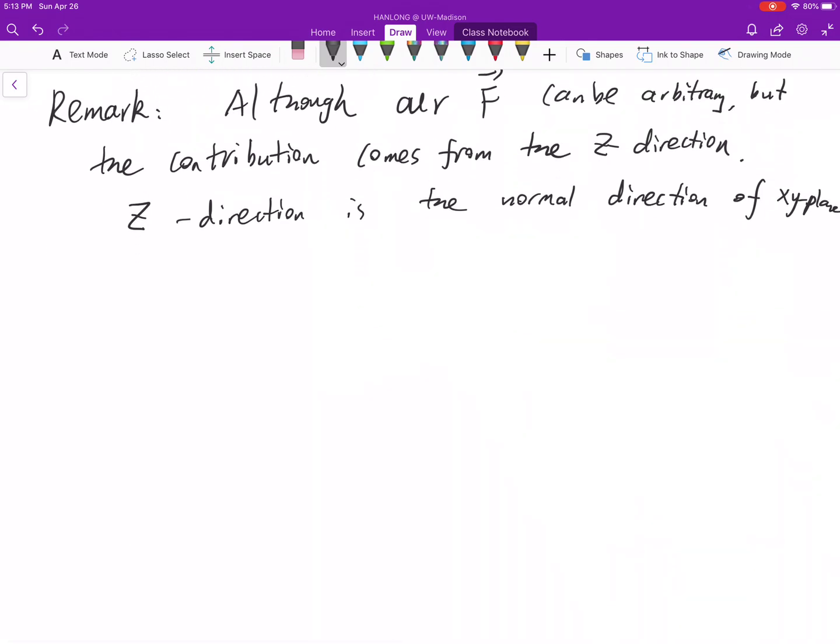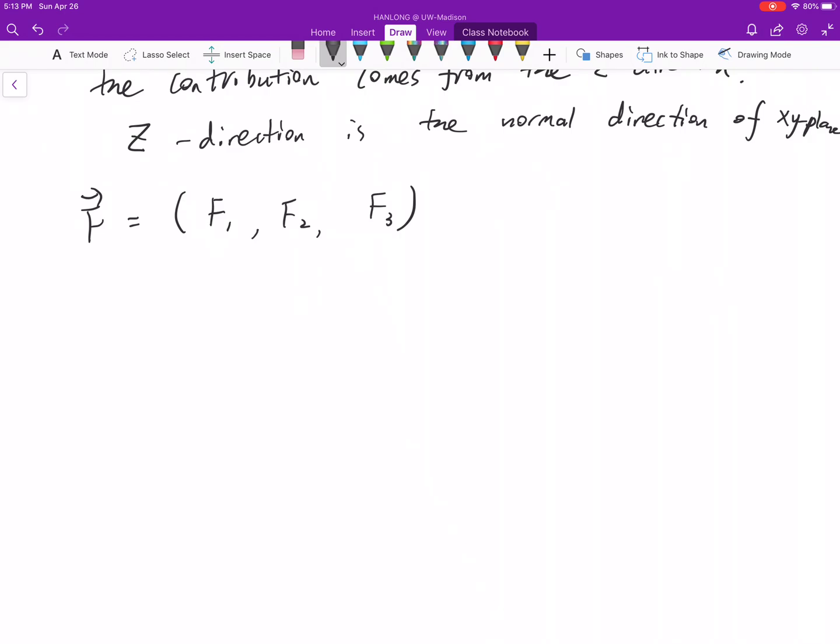Okay, therefore, if you write down your vector field F in components as F1, F2, F3, then finally you should integrate. In the above case, let's compute the integral of F dot dS.